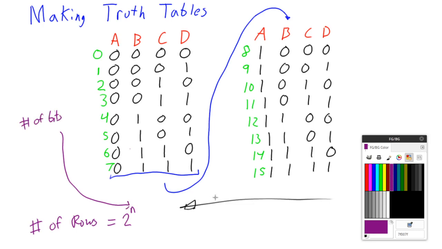And also something interesting is our max row value doesn't equal 2 to the n because we start at 0. So really, what it equals is 2 to the n minus 1, right? So that's this right there. Just some things that you should know or expect.